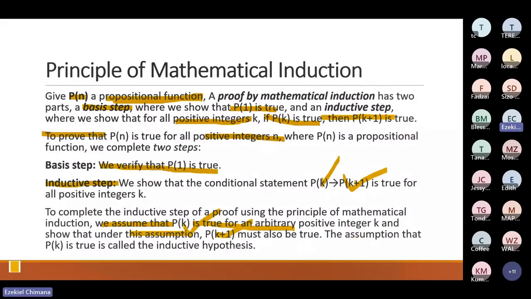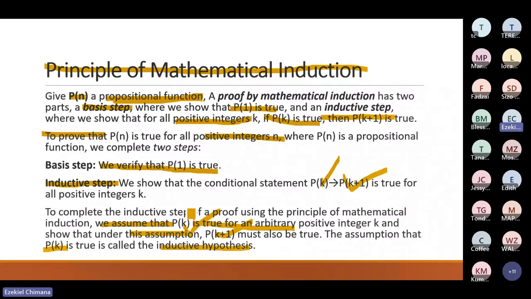The assumption that P of k is true is called the inductive hypothesis. So you have to show that P of k plus 1 is also true using this inductive hypothesis. Once you manage to prove that, we've done the principle of mathematical induction, and you can make the conclusion.